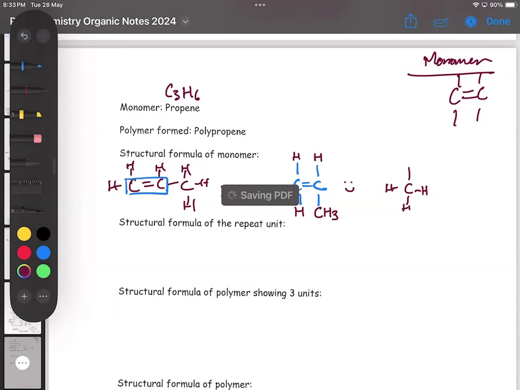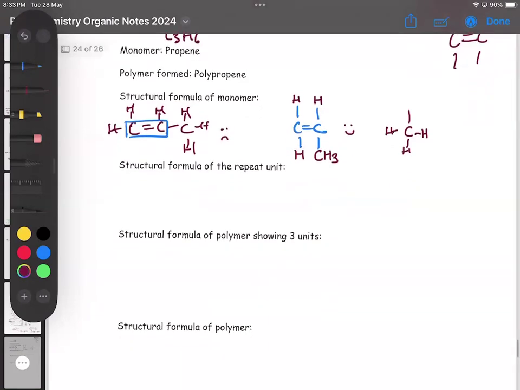Let's draw the one with the 3 units first. So same thing, I'll draw my 3 structures. Remember, this CH3 is because I'm lazy. Otherwise, I should have drawn the whole thing out.